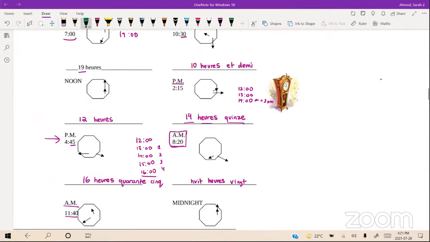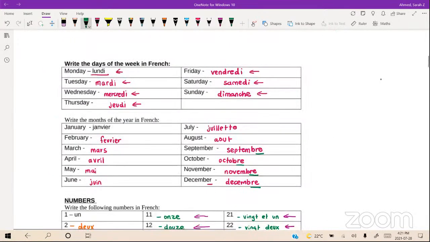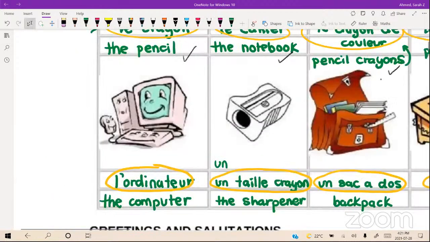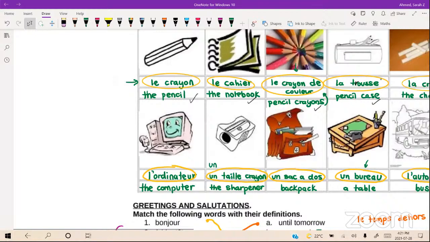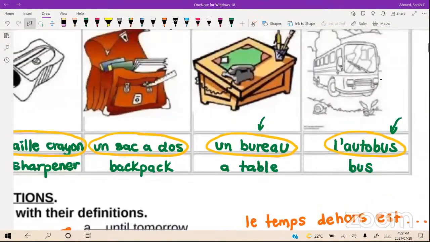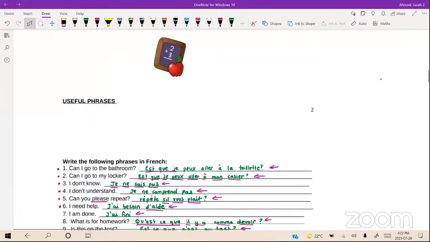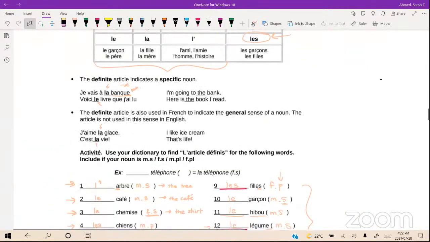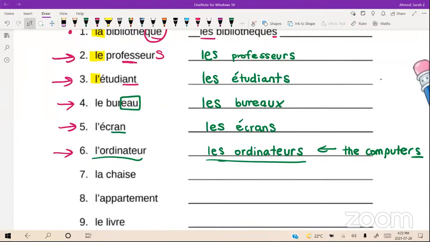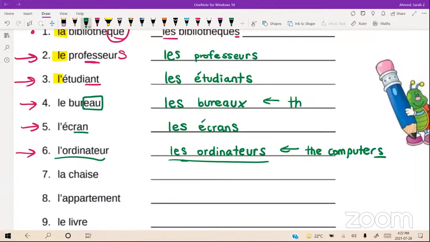We did it up there. Here, l'ordinateur. Okay, the computer. Over here, un bureau means a table. The table. And then over here, what does les bureaux mean? Maybe lots of tables. Yeah, so the tables.